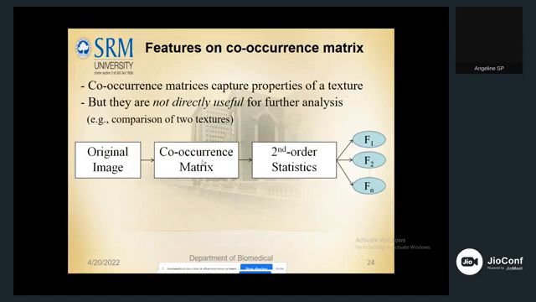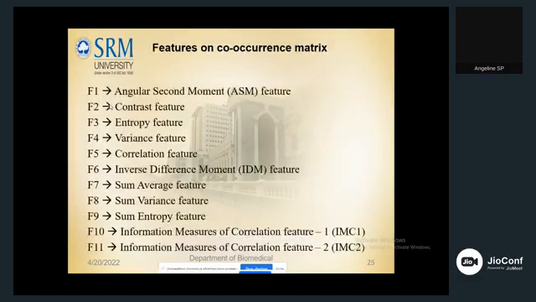Then from this co-occurrence matrix we find the second order features. You get basically 11 numerical features: angular second moment, contrast, entropy, variance, correlation, inverse difference moment, sum average, sum variance, sum entropy, and information measure of correlation 1 and 2.